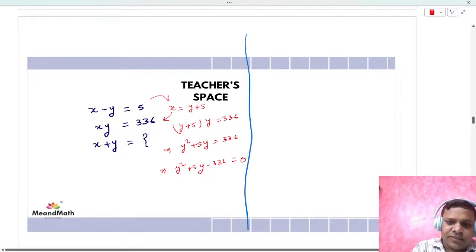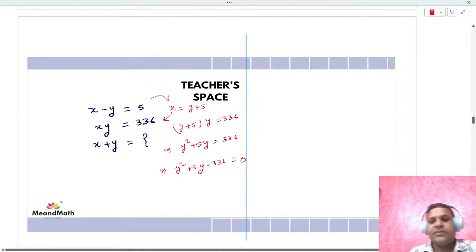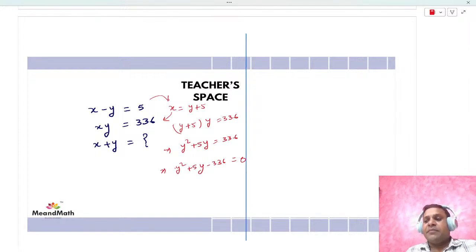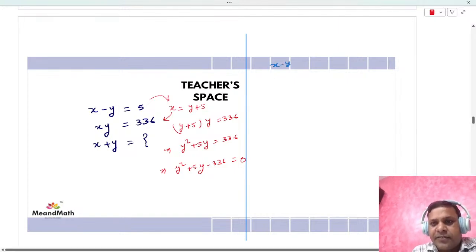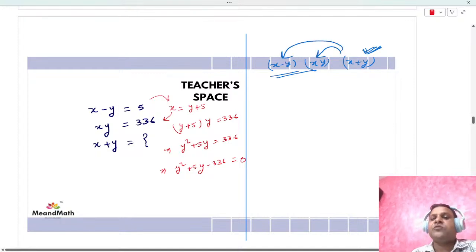Now you say what is the second method? Second method is the identity. There are three terms: x minus y, xy, and x plus y. We can write this term in x minus y and xy format.